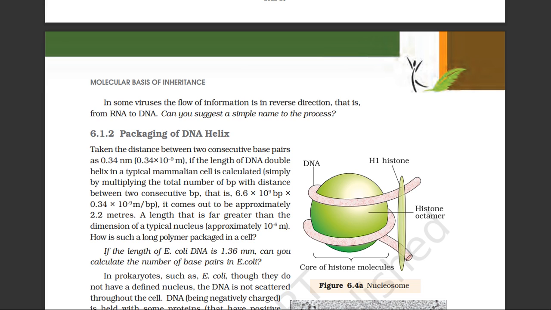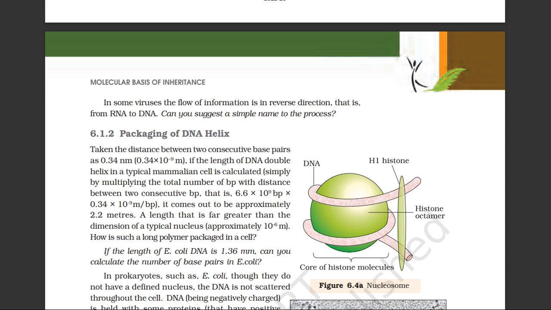A length that is far greater than the dimension of a typical nucleus, approximately 10^-6 m. How is such a long polymer packaged in a cell?